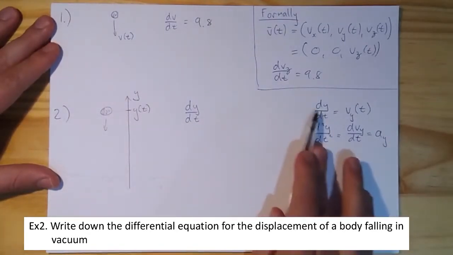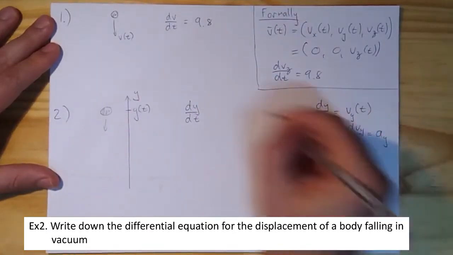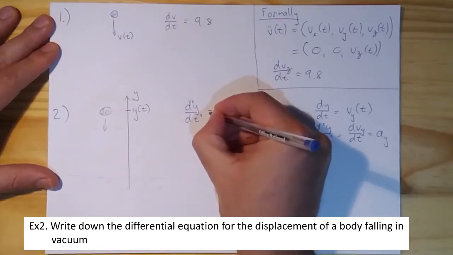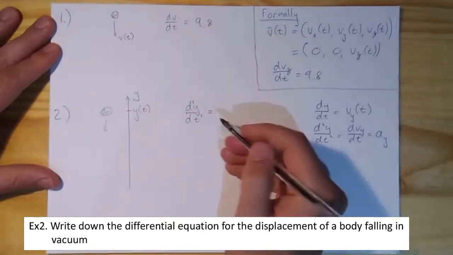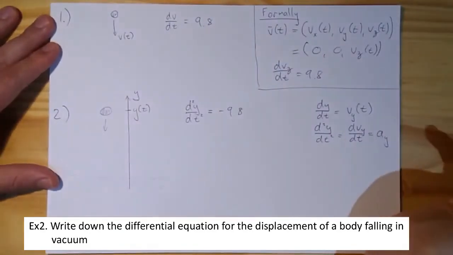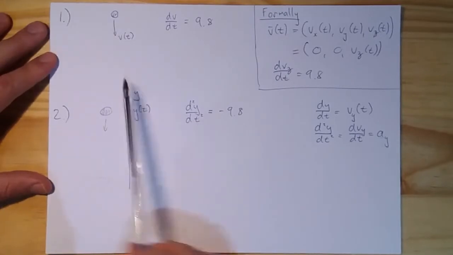So I don't know directly something about dy/dt, but I know something about the second derivative of the displacement, because that is the acceleration, and that is what? Minus 9.8 in this case, not positive 9.8. Why? Well, because of the way I set up the axis. Now up is positive.